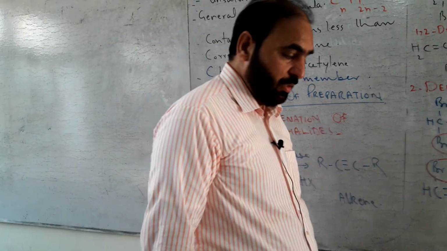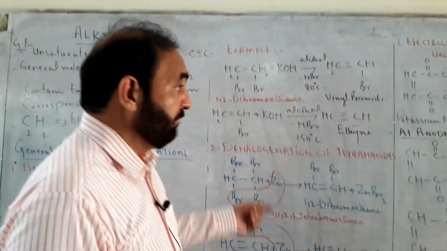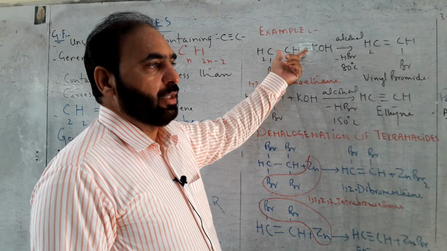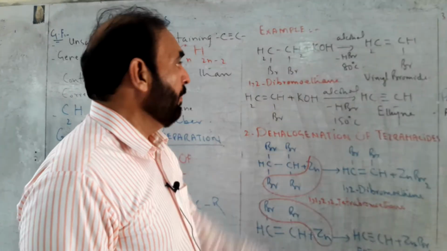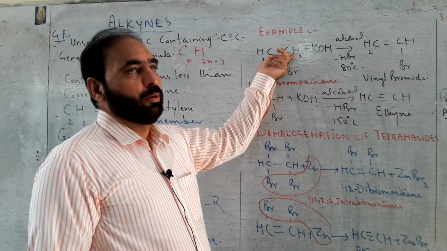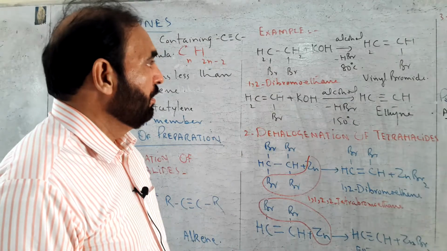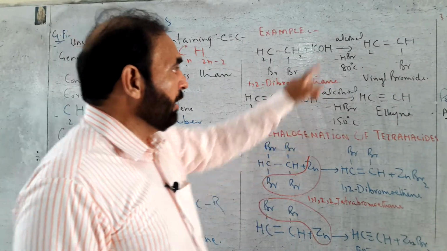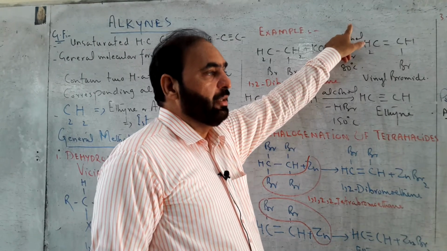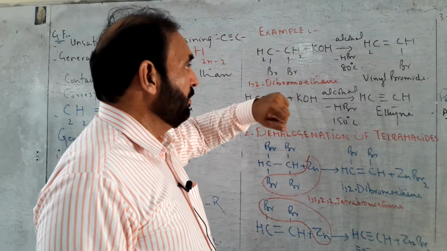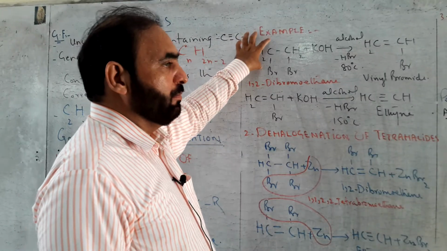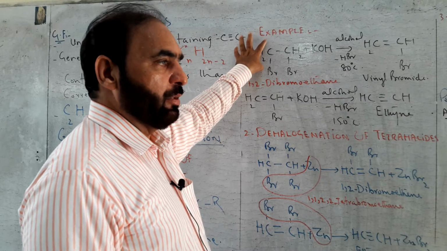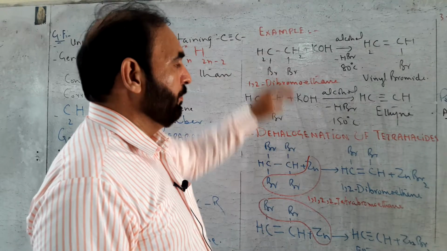For example, let us have a vicinal dihalide with 2 carbon atoms, and both carbon atoms are having a bromine atom bonded to them. It is 1,2-dibromoethane. When it is treated with potassium hydroxide, a base, in alcoholic medium, dehydrohalogenation takes place. 1 carbon atom gives hydrogen atom, and the second atom of carbon gives bromine.